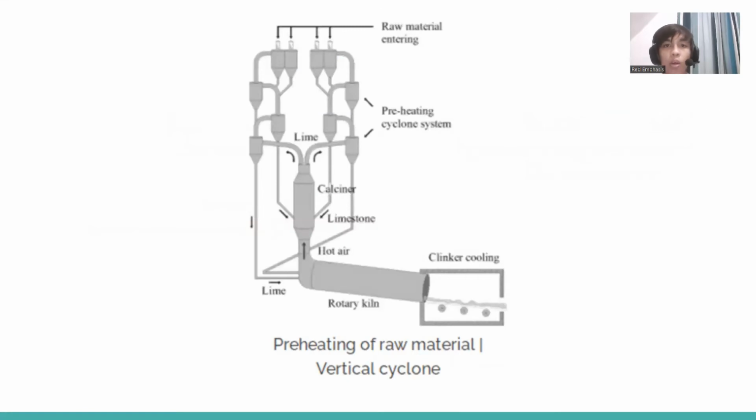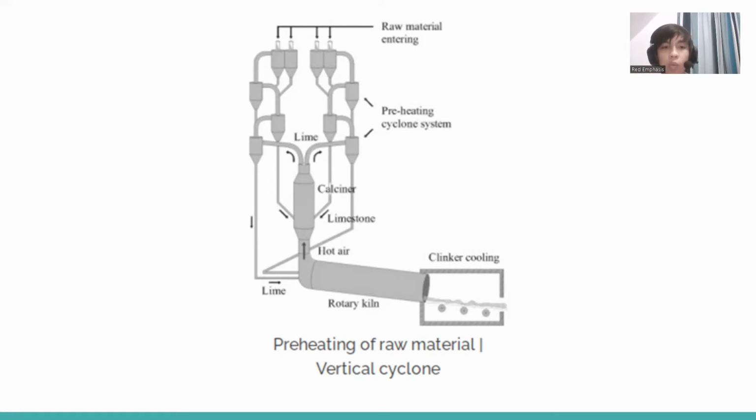When the raw material enters this kind of machine, which is called the preheating cyclone system, a cyclone separator is a static machine which separates, for example, liquid from gas, or anything that you would like to separate, using gravity and the vortex inside the cyclone.